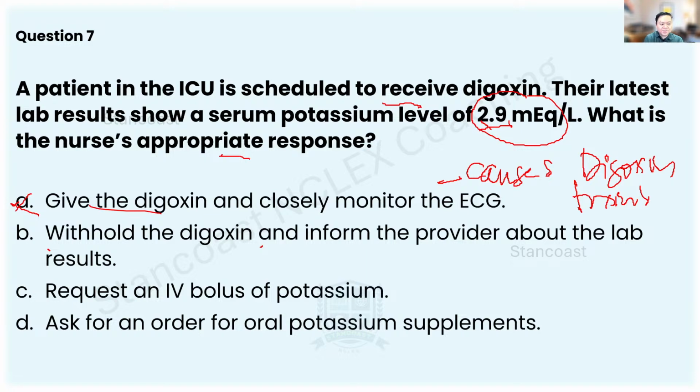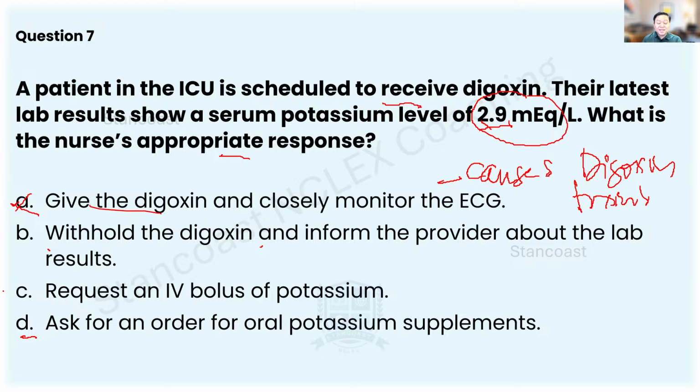If you had answered letter D, ask for an order for oral potassium supplements, would that be the priority this time? Especially that the patient's potassium is 2.9. Well, we know that oral potassium may be useful, right?